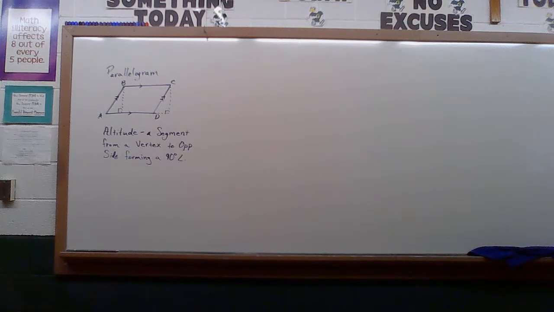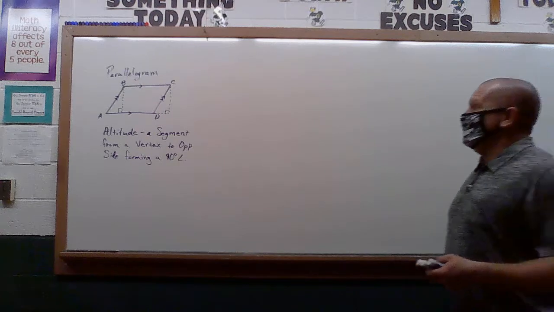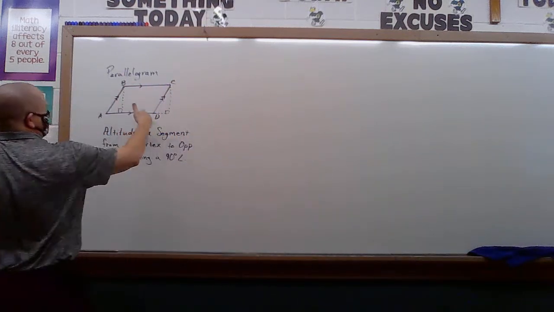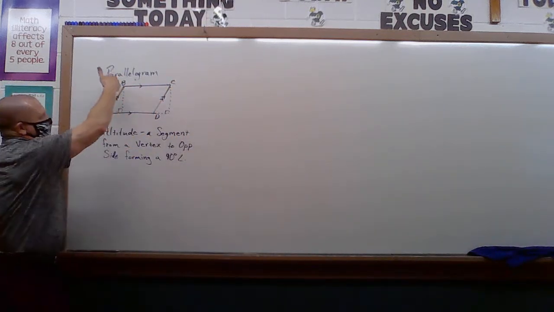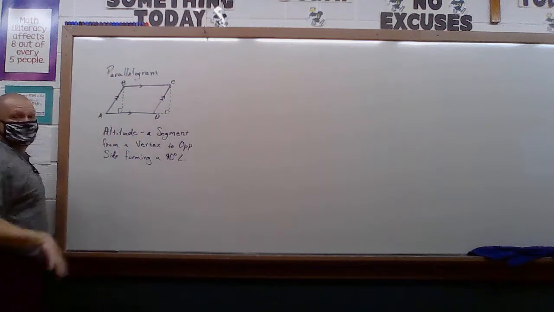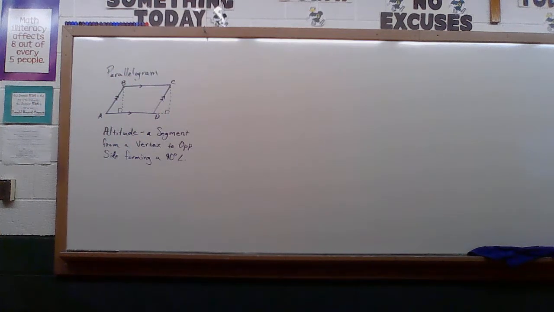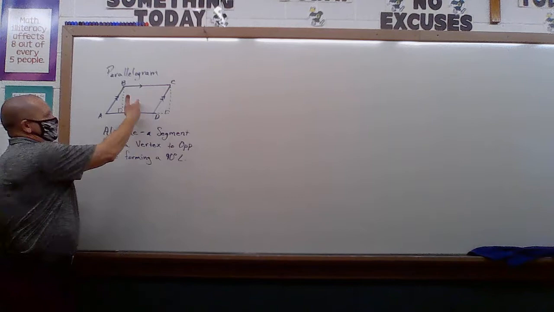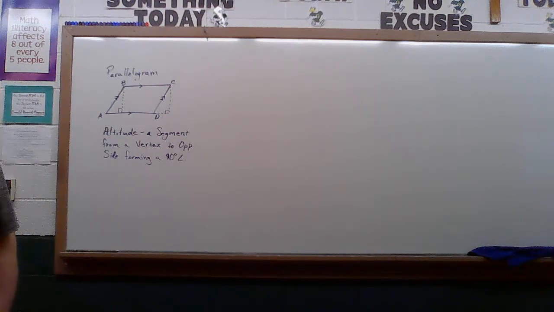So, if we continue on with this then, we know that if we're talking about the area of this, now when I drew both of these altitudes, what did we essentially make? A rectangle, right? And what is the area of a rectangle? No, the area.